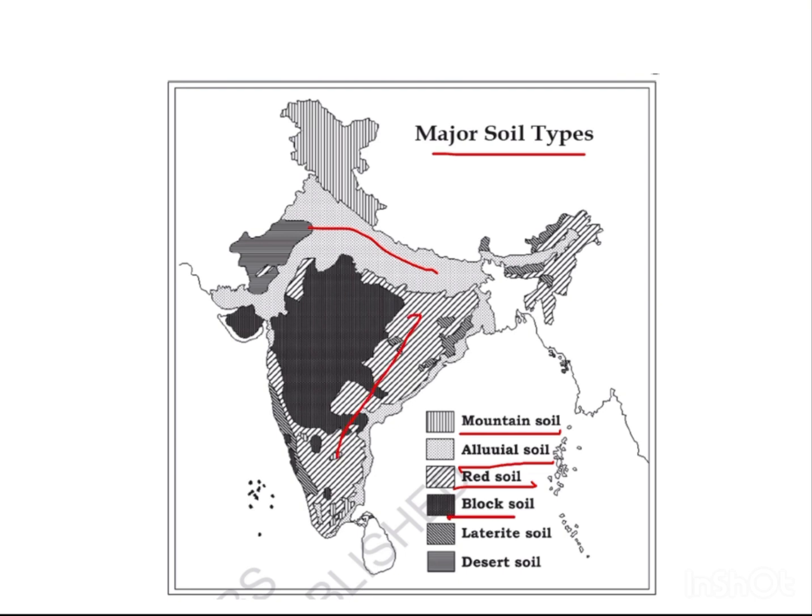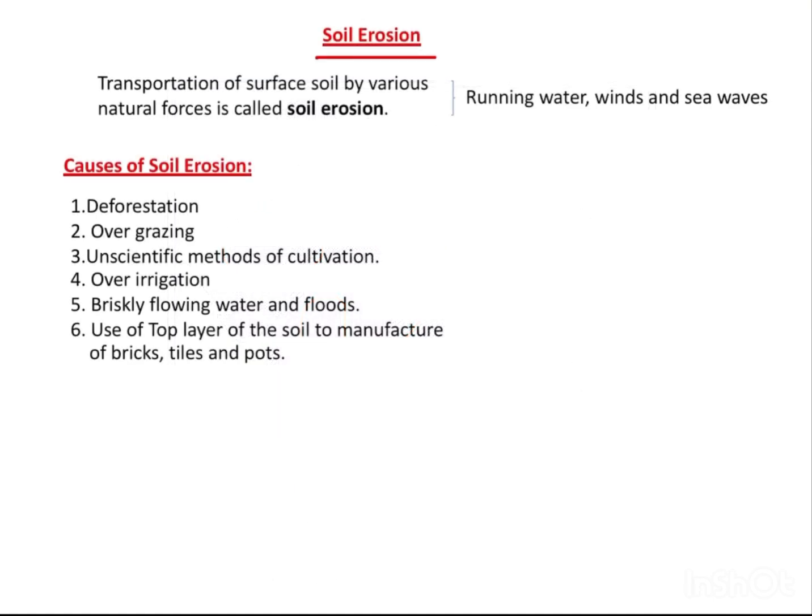Black soil is found in the Deccan plateau. Laterite soil is found in the western part of the Western Ghats, and desert soil is found in the Thar desert region.